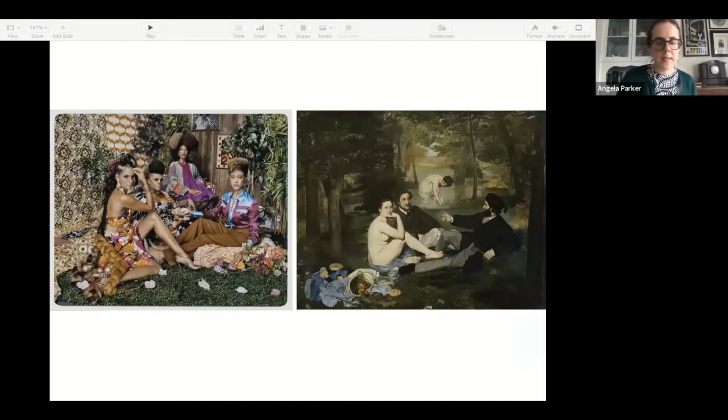So when looking at these two pieces together, we talked about the multitude of ways in which Thomas is transforming this original work.